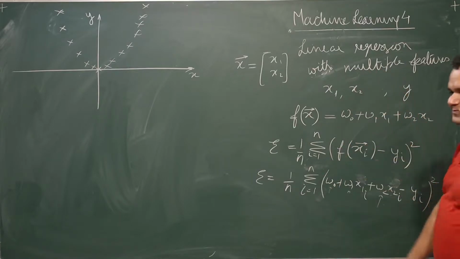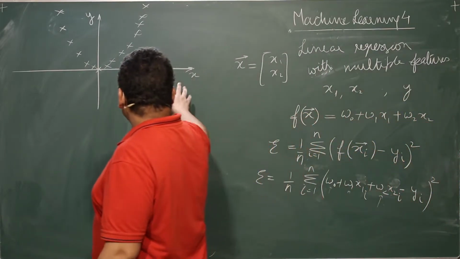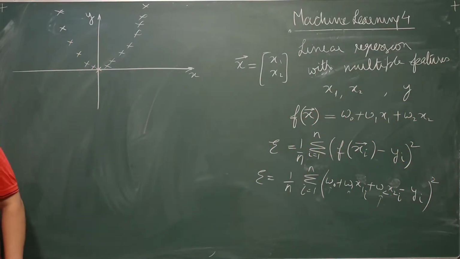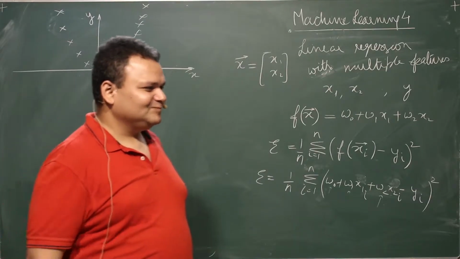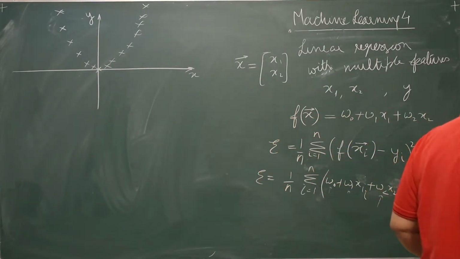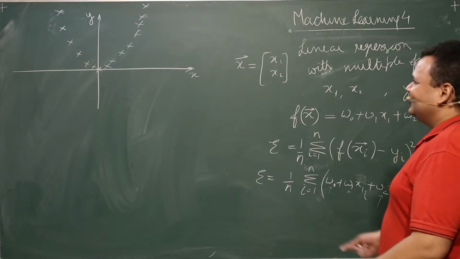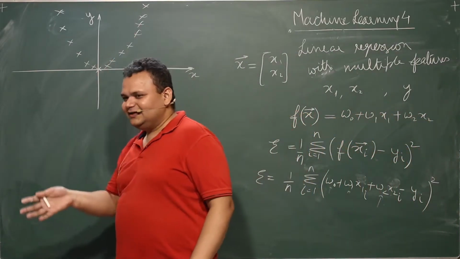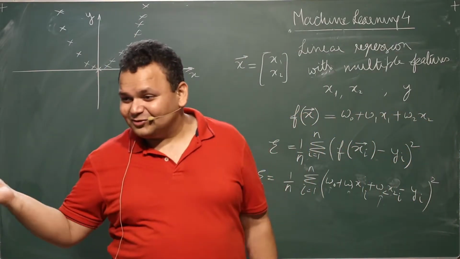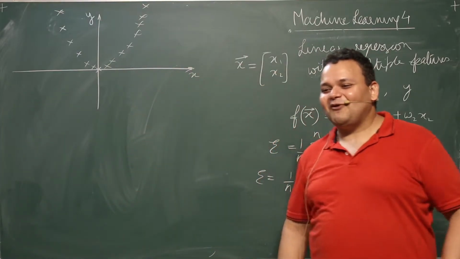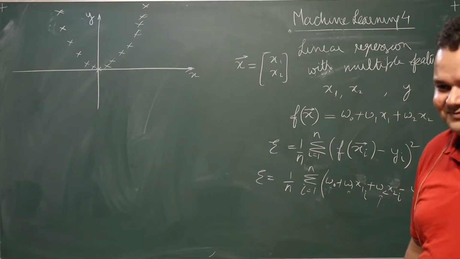If I were to plot them, they look like this. Can anybody guess what is the most probable shape for this? If you had to fit a curve through this, what will be the shape of that curve? Parabola.